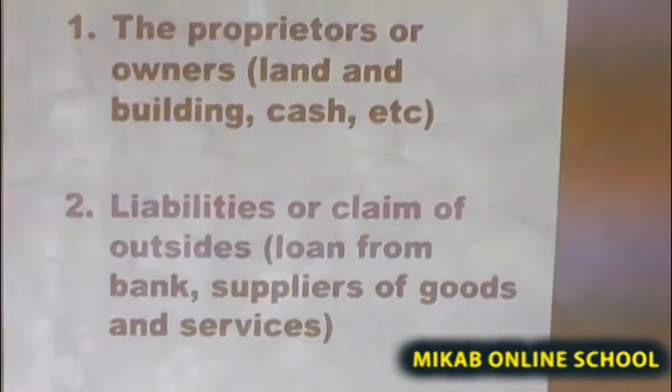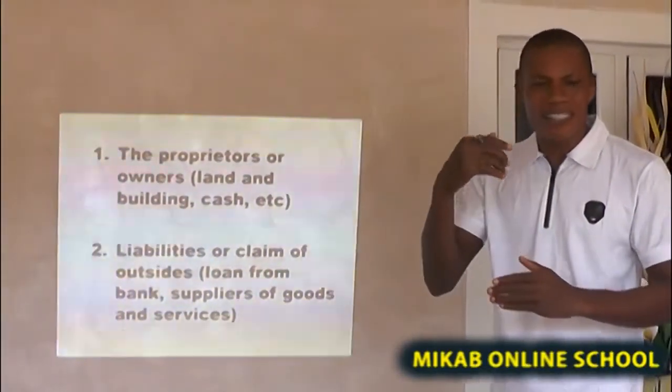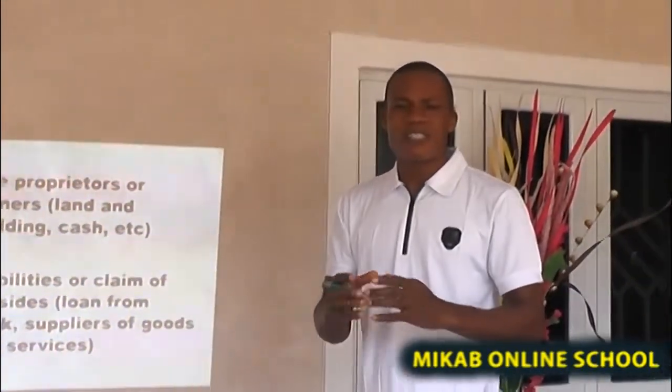Don't forget that while we are discussing, we talk about the business collecting a loan from the bank. You will agree with me now that the bank has a say in the business, because the business will have to pay the loan back to the bank. Therefore, they have ownership of the assets being used in the business. How?